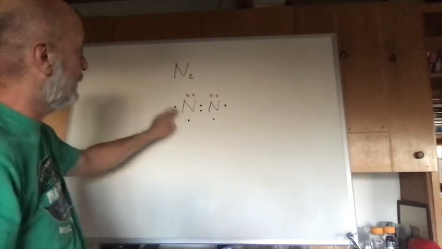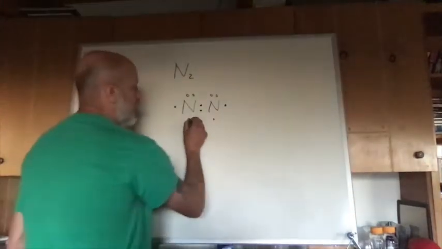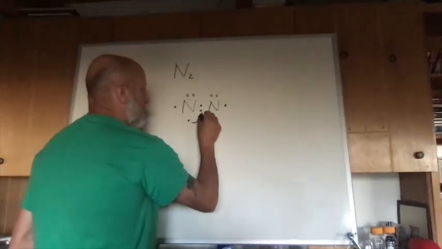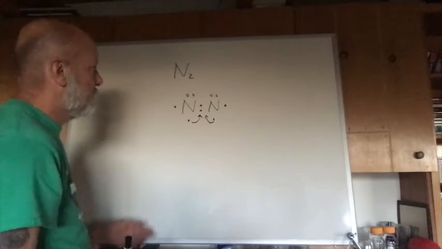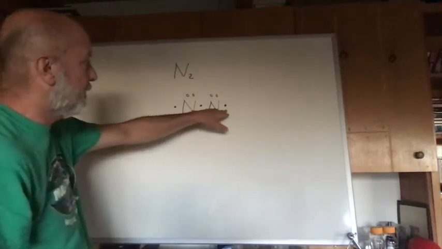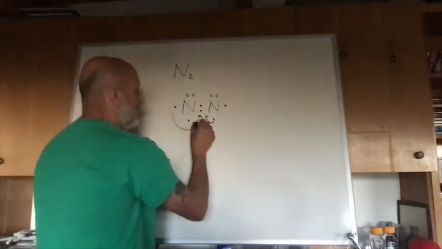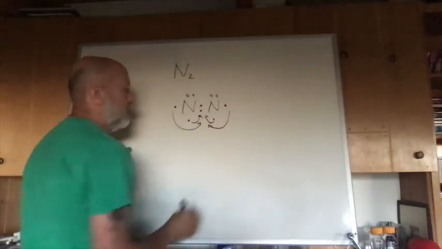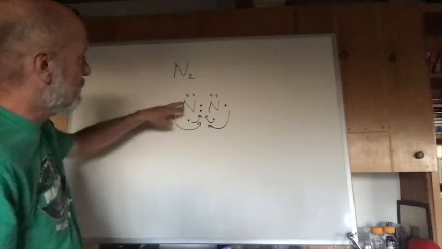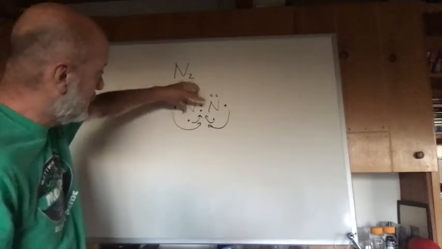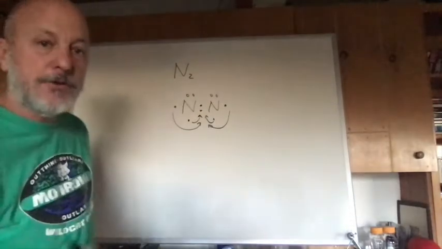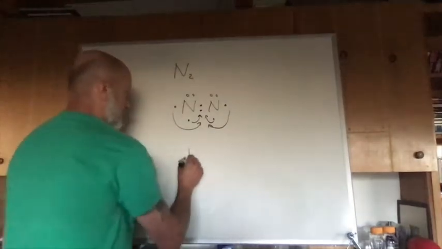Now, of course, by doing this with just a single covalent bond, not even close to working. 2, 4, 5, 6. Let's bring in these 2 and have them share. Still won't be enough. I still have 2 unpaired electrons here on the outside. Bring them also in. So these 2 nitrogens are going to share this original 2 plus these 2 plus these 2, a total of 6 valence electrons.